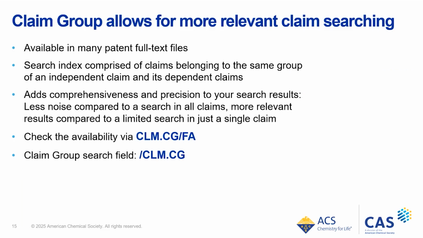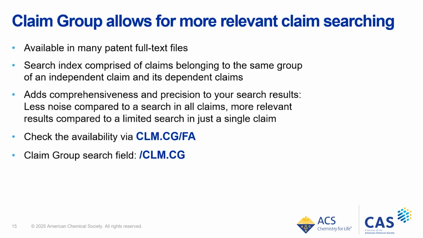So the claim group index was created, and this is clm.cg, which allows us to search in a claim group. So when we search claim.cg, it will search for the stuff that we're looking for only within a group of an independent claim and its own dependent claims. So we want them to be in the same claim group if we're trying to put multiple concepts together.